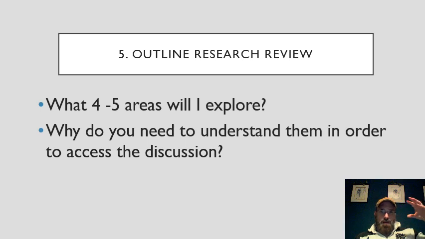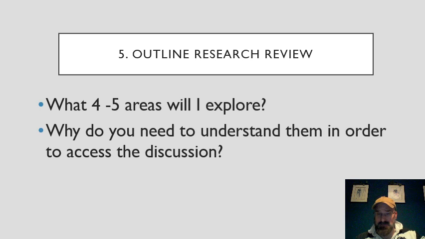Now, what you need to do with those areas that you're just briefly outlining, I think it's really helpful to explain why you need to understand them in order to access the discussion.